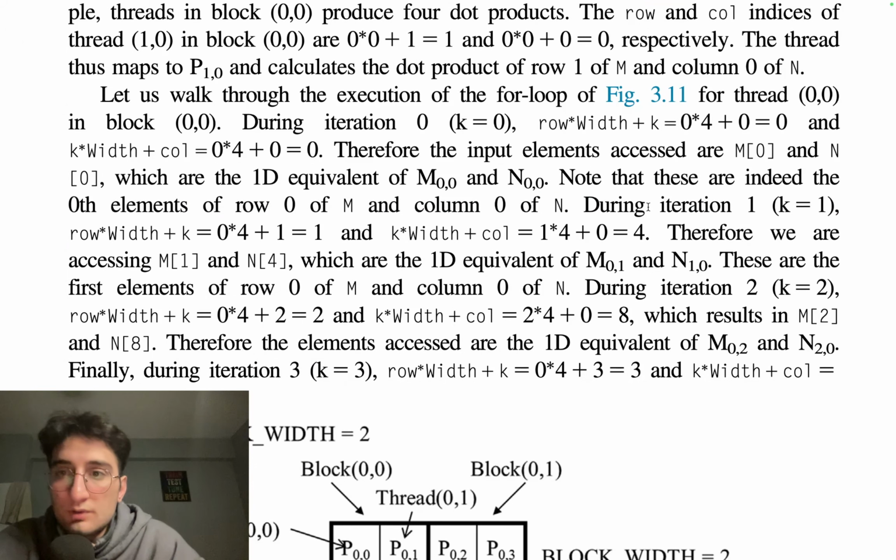During iteration 1, k times width. Therefore, we are accessing M1 and N4, which are the 1D equivalent of M01 and N10.